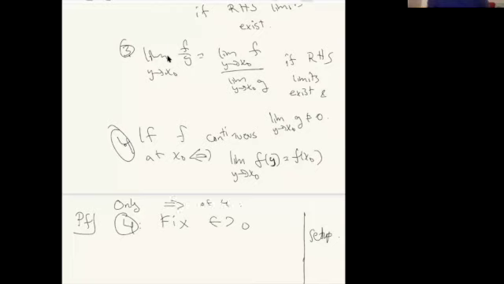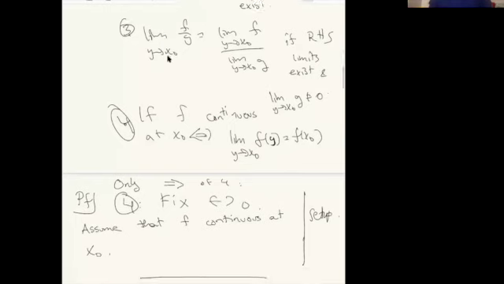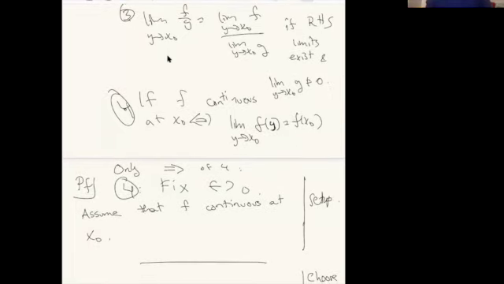for proving. Okay, let's fix epsilon and let's assume that f is continuous at x naught. So this is our setup stage of the proof. We fix this notation. We want to show that the limit as y approaches x naught of f of y is equal to f of x naught.